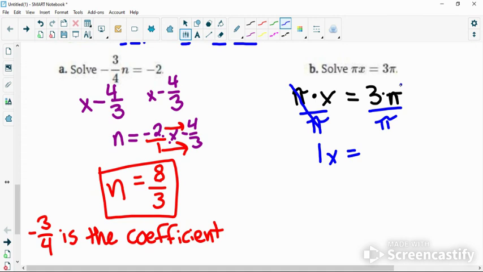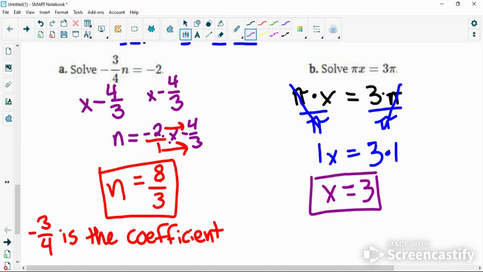But many people confuse the division sign with subtraction. Pi divided by pi is 1, but the 1 in front of the x, we don't keep that. 3 times 1 is 3.